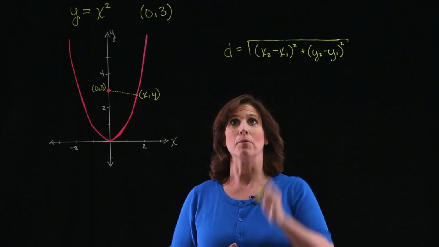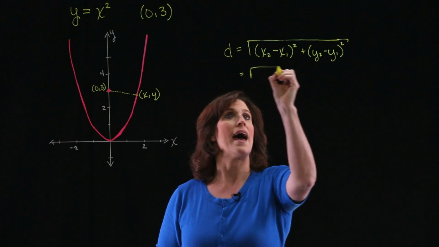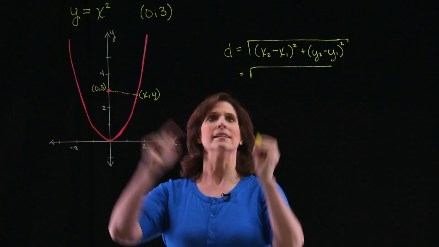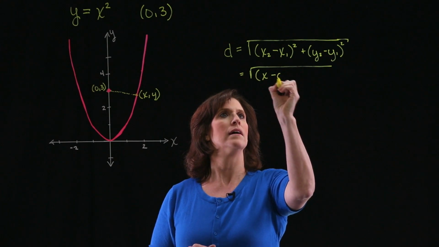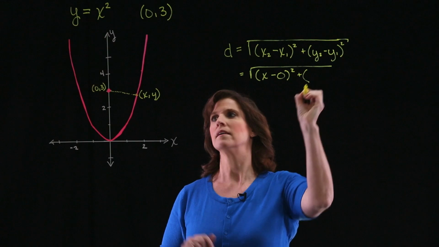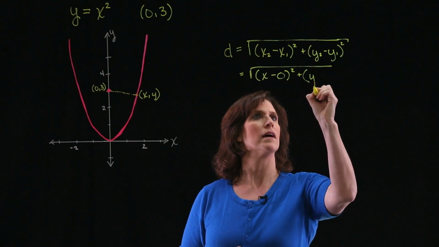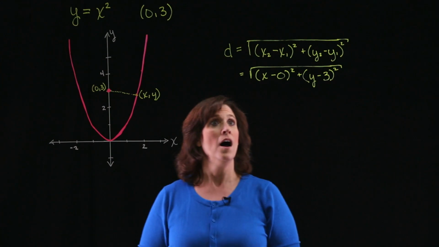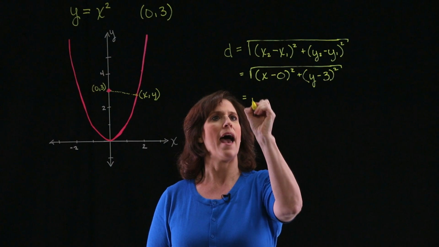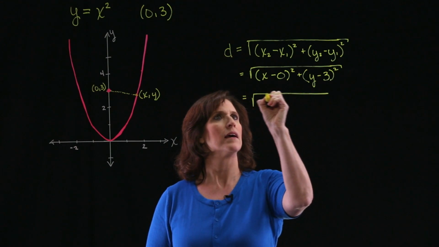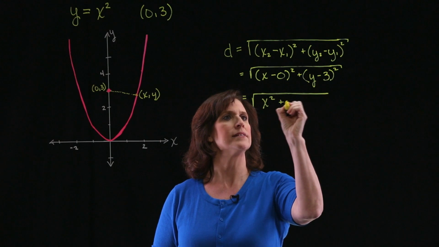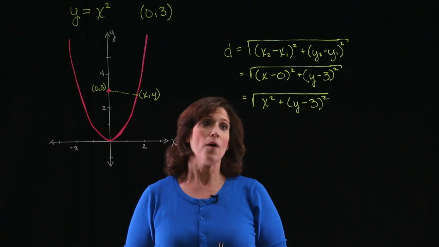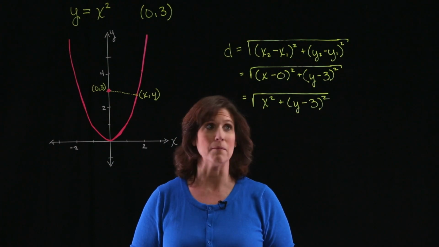For my particular example, I'm going to write this as x minus 0, plus y minus 3, quantity squared. Okay, and I can simplify this a little bit, and I'm left with x squared plus the quantity y minus 3 squared. Okay, so now I have my formula that I want to minimize.